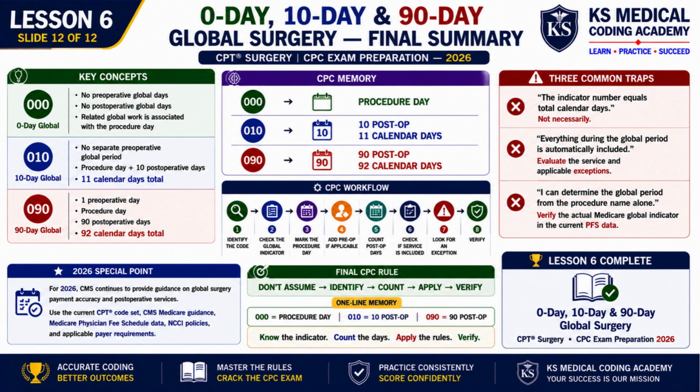Our CPC workflow is: identify the code → check the global indicator → mark the procedure day → add pre-op if applicable → count post-op days → check if the service is included → look for an exception → verify.